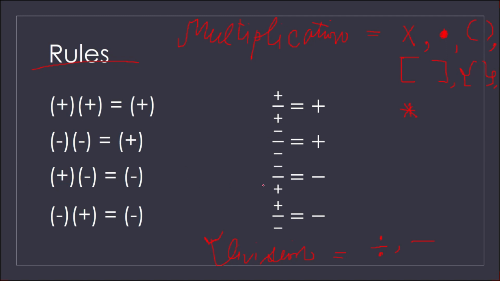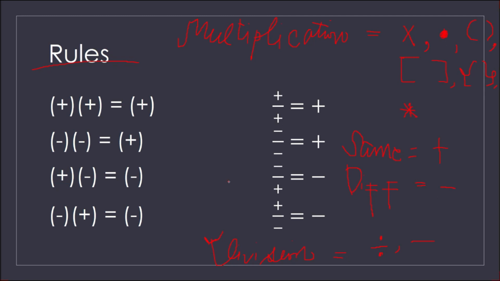What does this mean? Okay, this is a lot if we try to memorize this. So the easiest thing to do is, when they have the same sign, when you multiply or divide them, the product or the quotient becomes positive. Different signs, when you divide or multiply, would give you an answer which is negative.